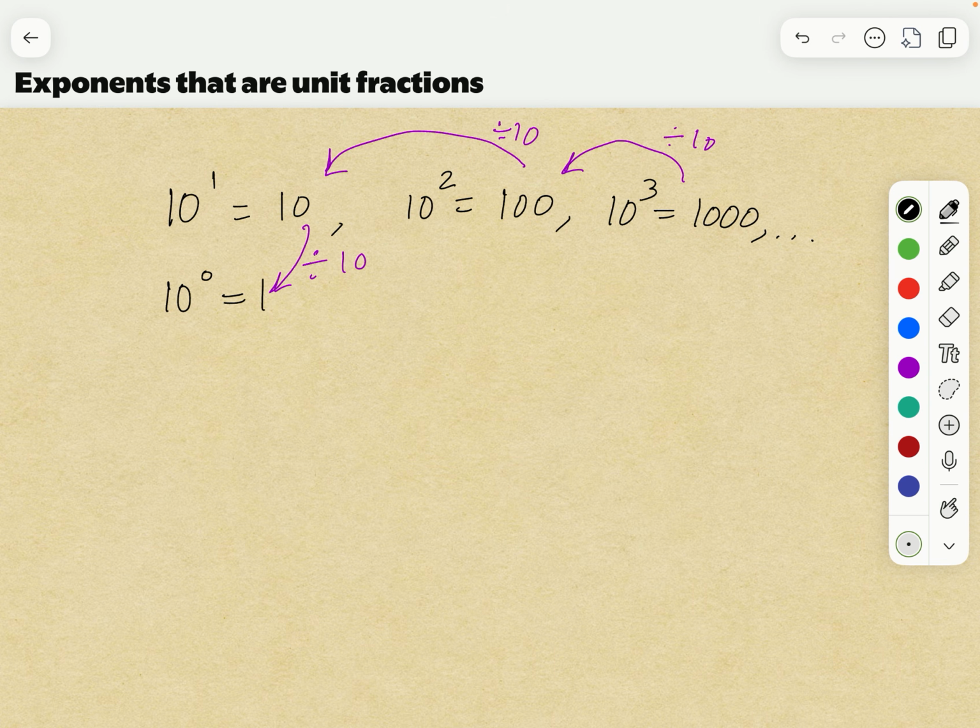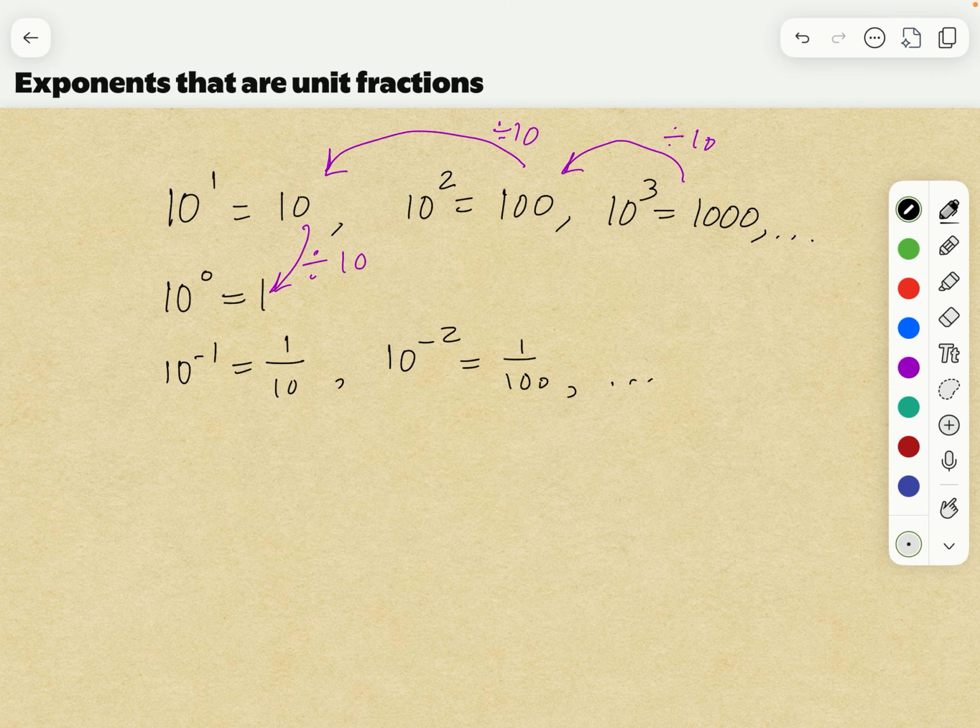And so it's consistent with that pattern, and then you can keep going to negative numbers. So 10 to the negative 1 power is defined to be 1 over 10. 10 to the negative 2 power is defined to be 1 over 100, and so on.